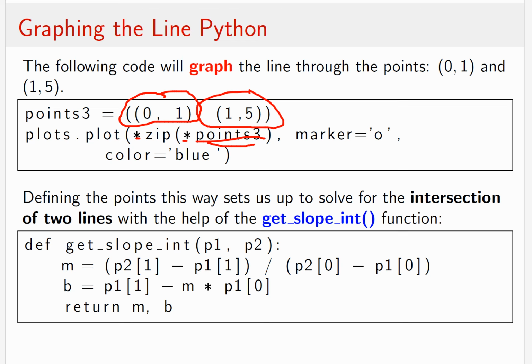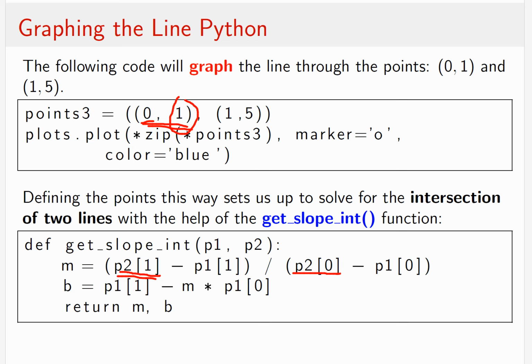What are we doing? When we create them like this, this is the first ordered pair from P2. I'm sorry, that's the second. The first one, P2 bracket 0, is the first value from point 2, and P2 bracket 1 is the second point.